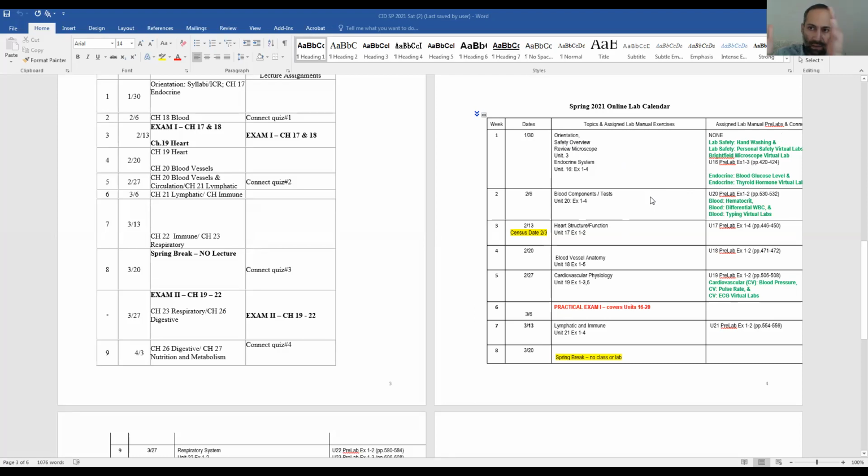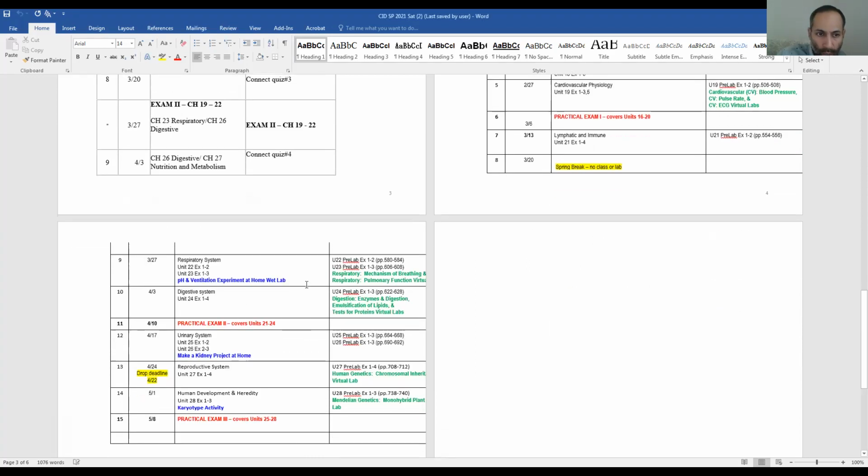Okay, again, all you need is the lab manual in either hard copy or soft copy, electronic form, doesn't matter, and access to the Connect website. And follow the attachment that I've sent out, okay? Exam dates are in bold red here. Practical exam 1 on March the 6th. And I will be sending out a study guide in advance of how to do that, okay?